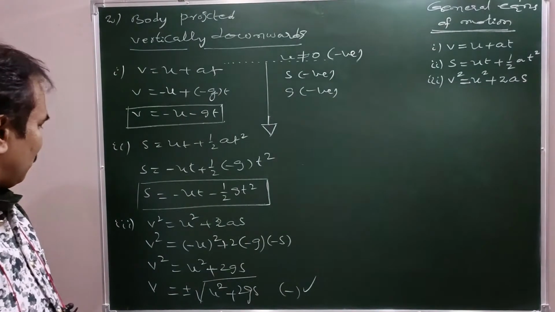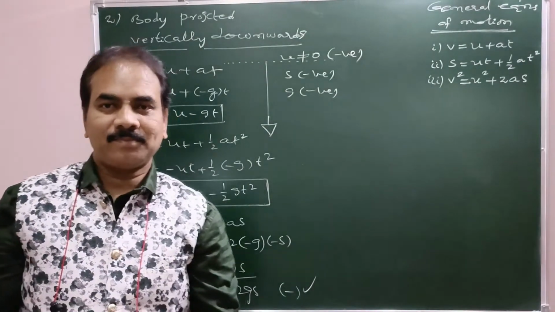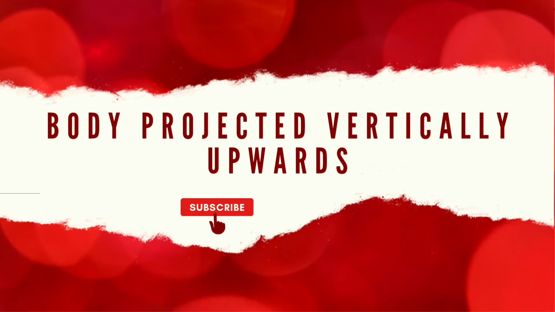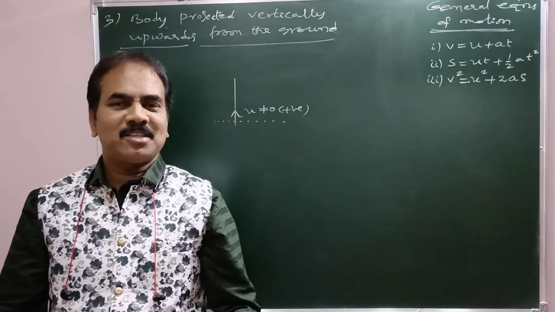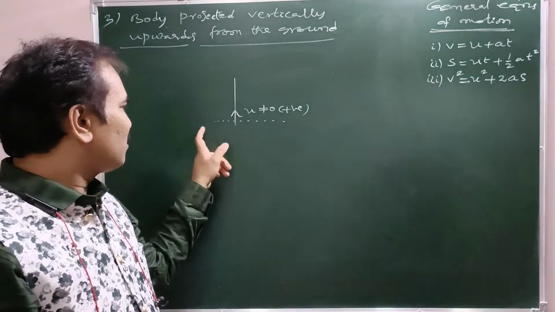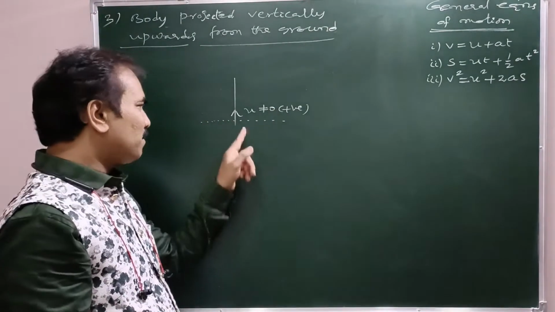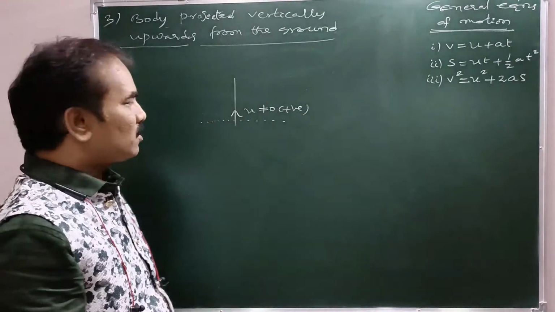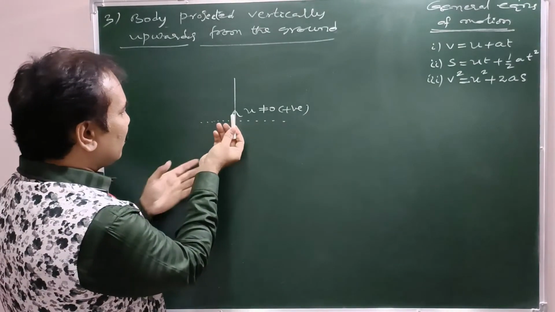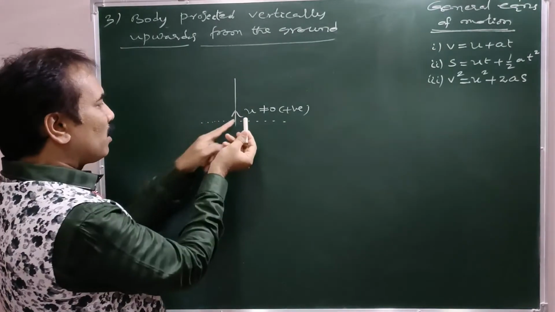Now coming to the third case: body projected vertically upwards from the ground. This reference line is the surface of the earth from which the body is projected vertically upwards. This time my hand must come into motion to release the object.